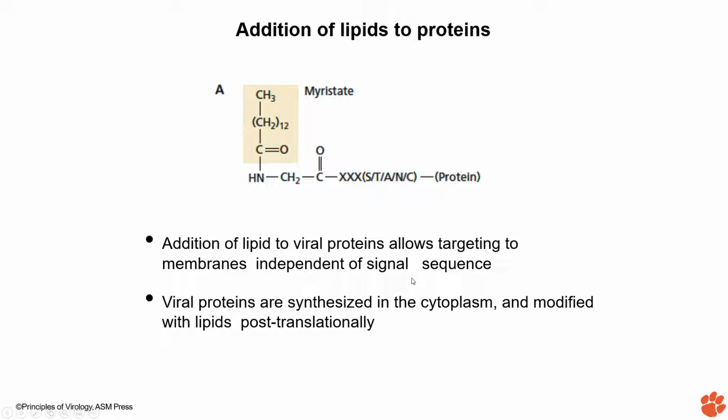Now remember that the signal sequence here is not the N-terminal signal sequence, which is cleaved off. Membrane proteins are embedded in the membrane of the ER with an internal signal sequence that we talked about. I put that in the video, the drawing that we did.